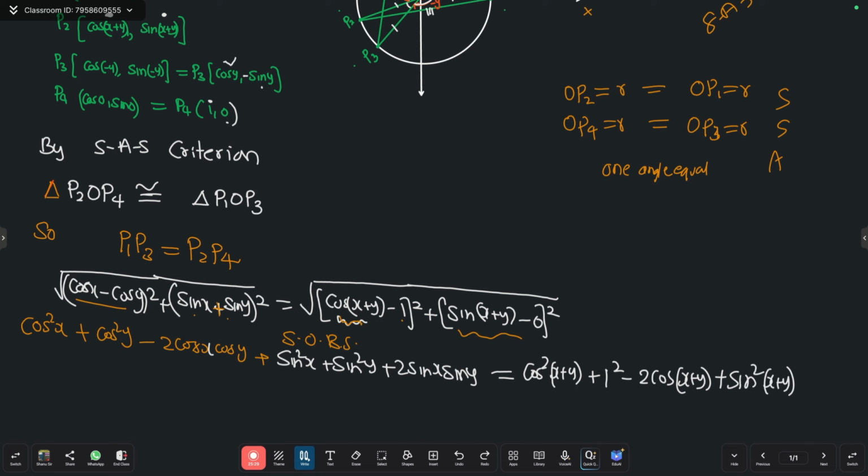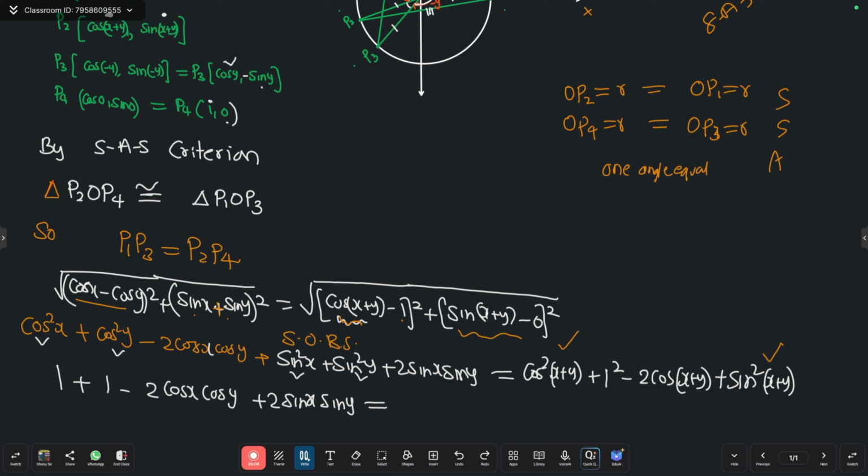After that we will apply trigonometric identities. You can see this is cos square x and this is sin square x. So cos square x plus sin square x is 1. Plus now cos square y here and sin square y, again together 1. Minus 2 cos x cos y and plus 2 sin x sin y equals to, now here cos square x plus y plus sin square x plus y, this is also 1.